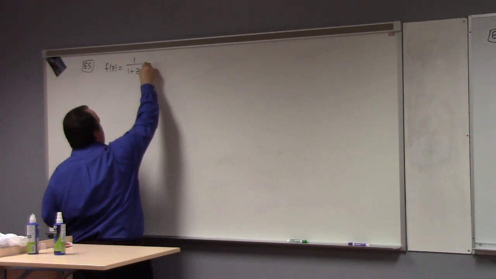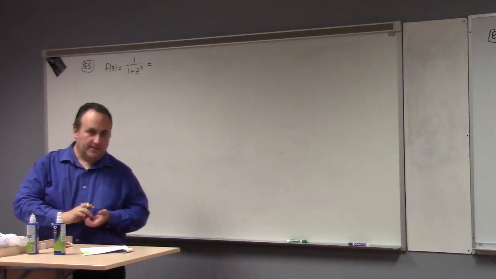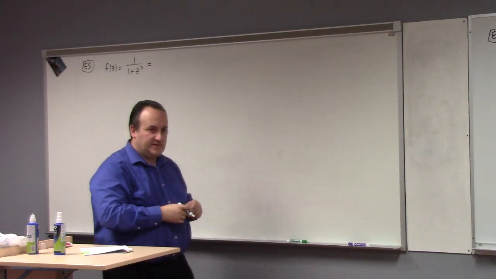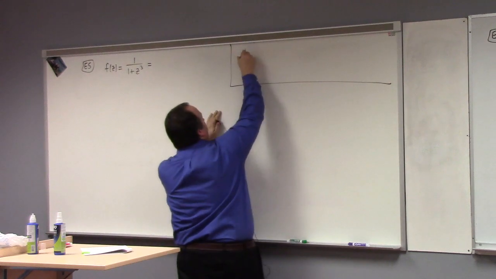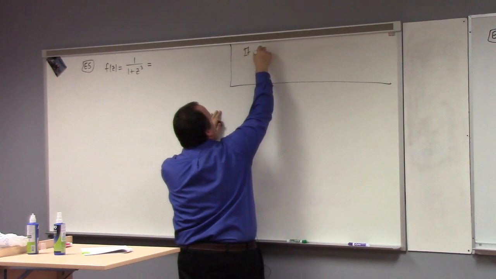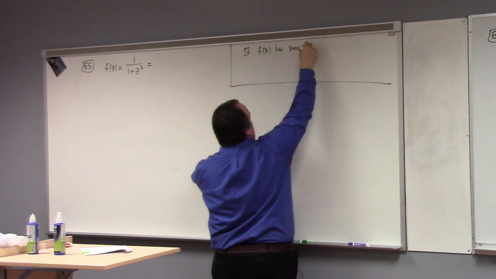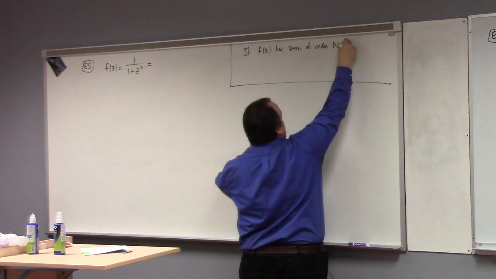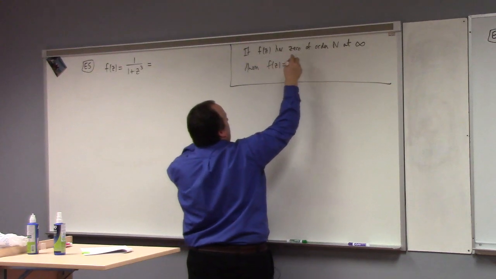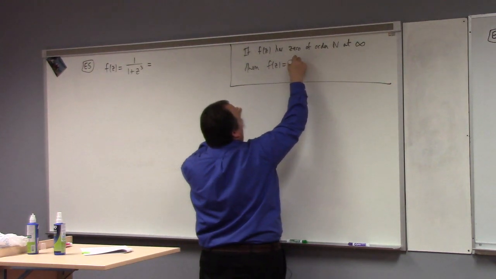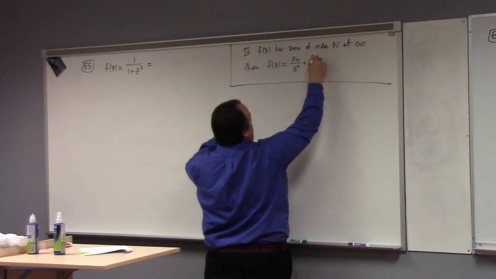rather than doing the thing I've done up till now, I want to introduce a new viewpoint, which is that we can go backwards from the theorem I just said. See, if f of z has a 0 of order n at infinity, then f of z equals what? A sub n over z to the n plus a sub n plus 1 over z to the n plus 1.